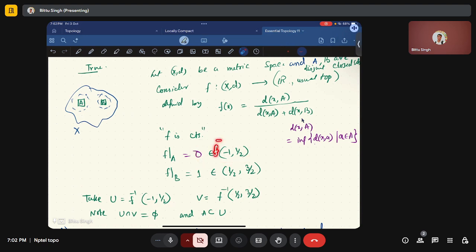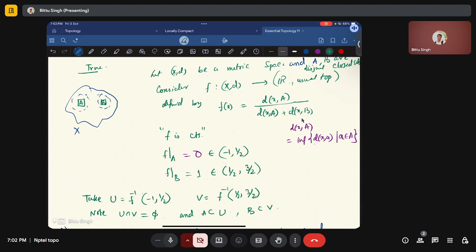So f inverse of this neighborhood contains A, that is the thing. So A is already contained in f inverse of (-1, 1/2), which is denoted by U. So A is contained in U, and similarly B is contained in V.